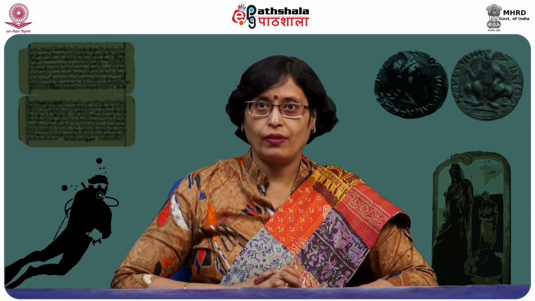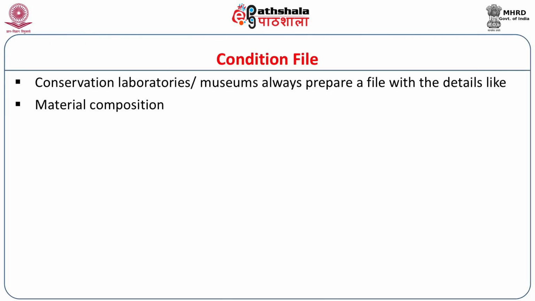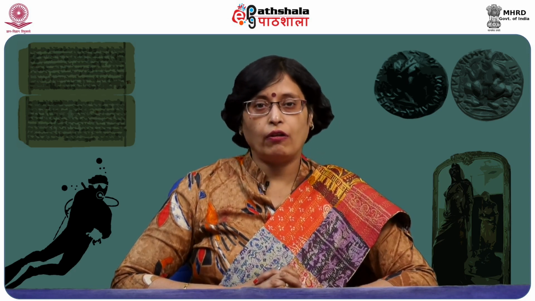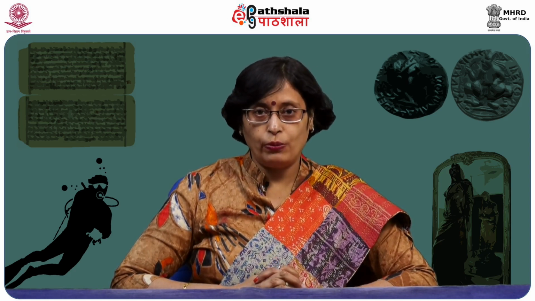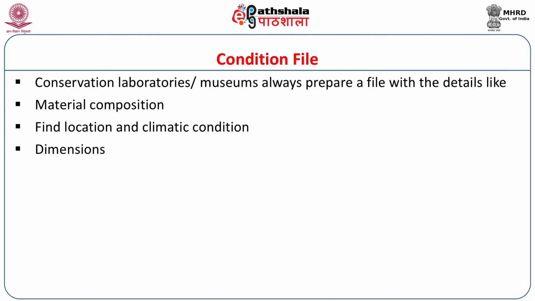And this condition file involves and records the main details of an object, like the material composition of the object, that is, whether it is organic or inorganic or a composite type of object, whether it is made of iron or copper or stone, etc. The proper location and the climatic condition of the object should be recorded.